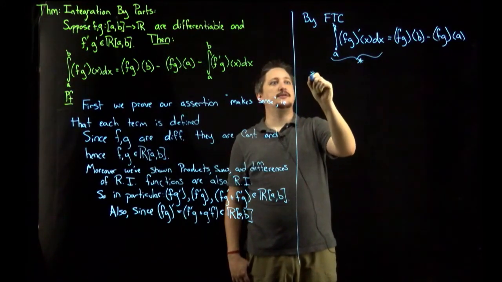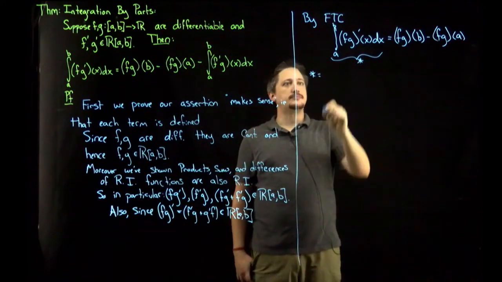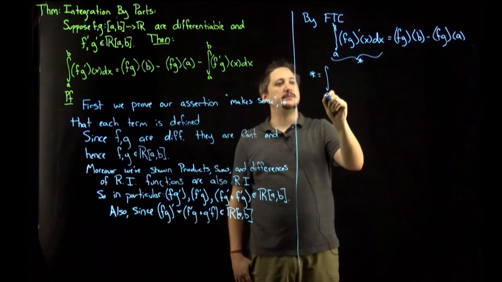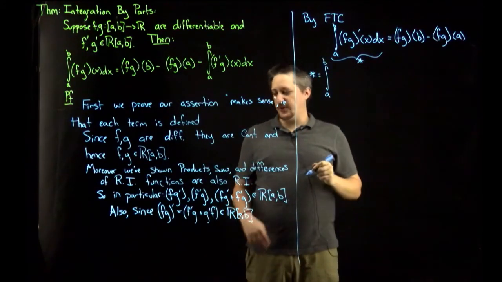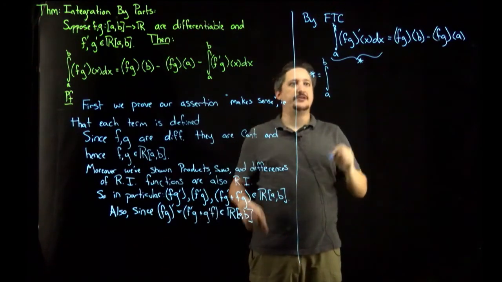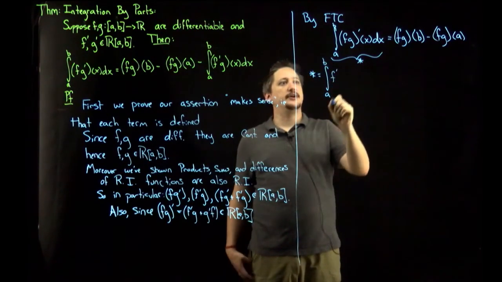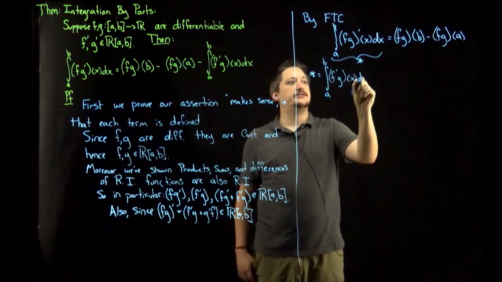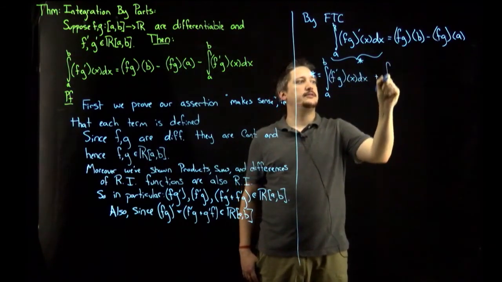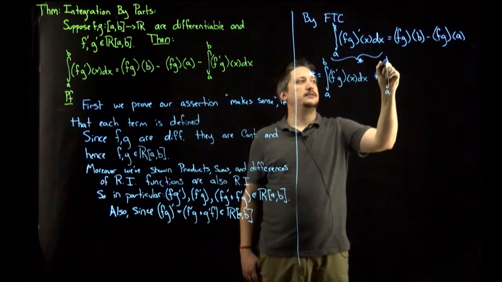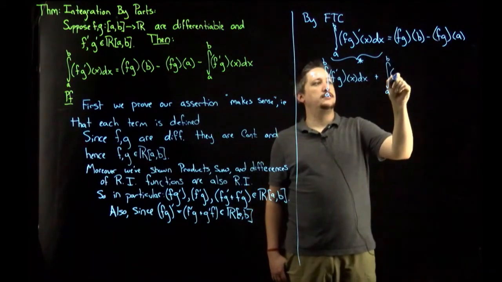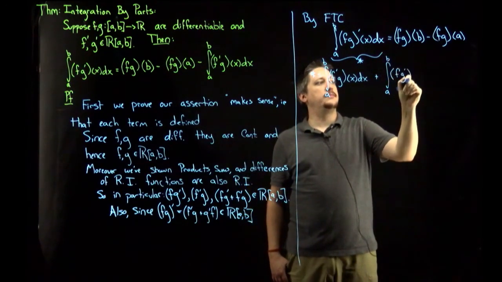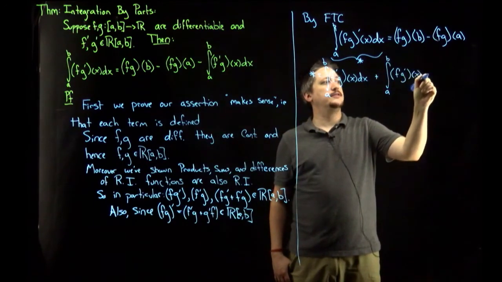So star equals the integral from a to b, and I'm just going to go ahead and split this over the sum. So this is going to be the integral from a to b of f prime g applied to x dx plus the integral from a to b of f g prime applied to x dx.